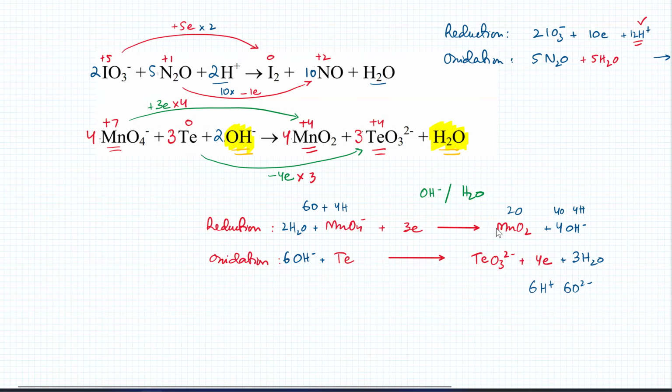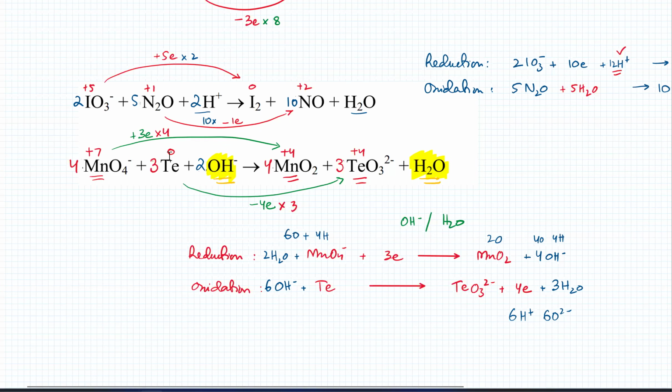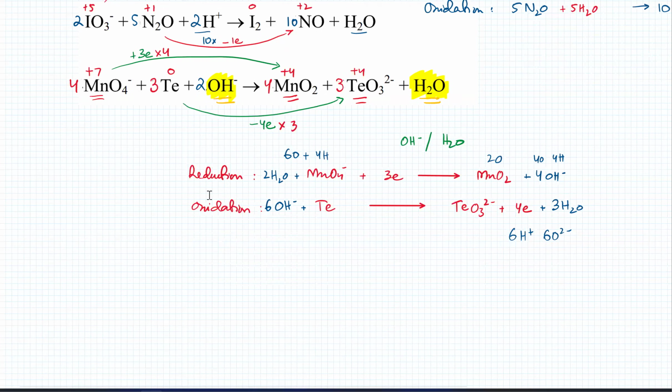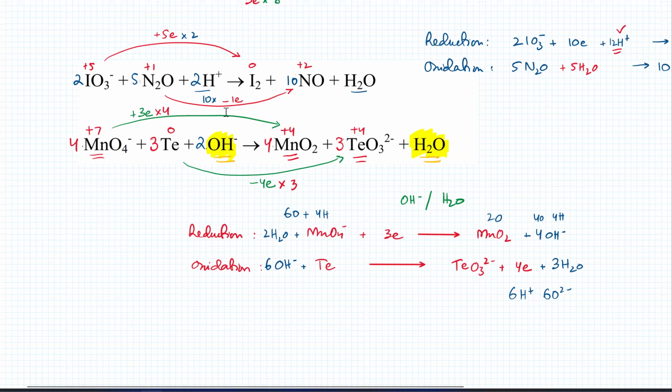So just remember, we're going to keep on doing this. The whole chapter is about this. It's balancing redox equations. Sometimes, very rarely, this is not that important, they might ask you to make half equations from an equation that's already given, which is not that difficult.